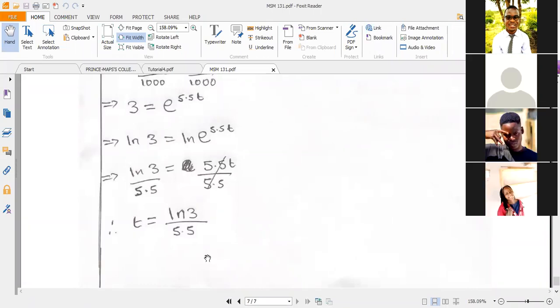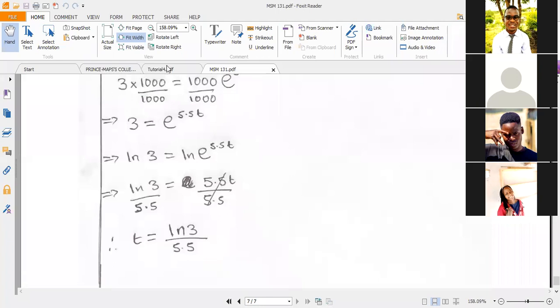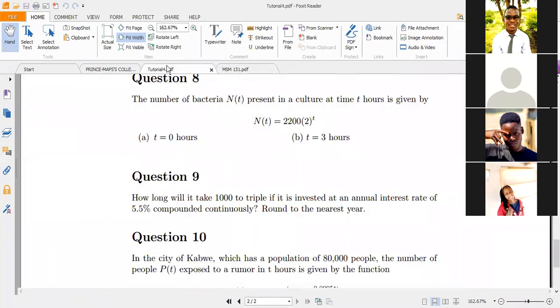Okay, so just find it the way it is, sir, unless you are told to change, because they use this 5.5 to get the 1,000. So just leave it like that.